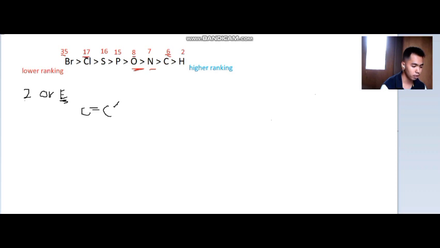E means that the compound is equivalent to trans. I'm going to delete this. E is equivalent to trans, while Z is equivalent to cis.